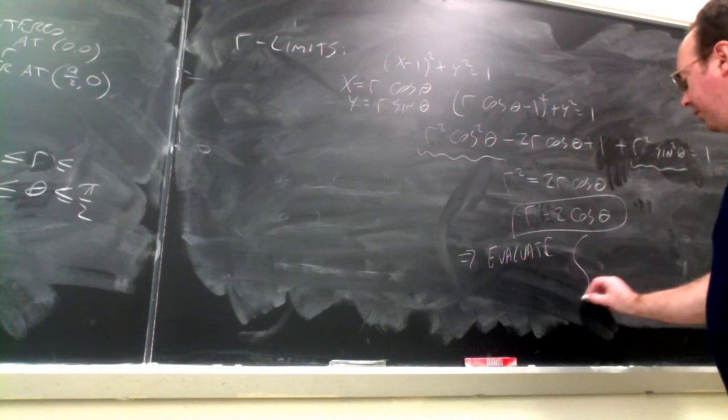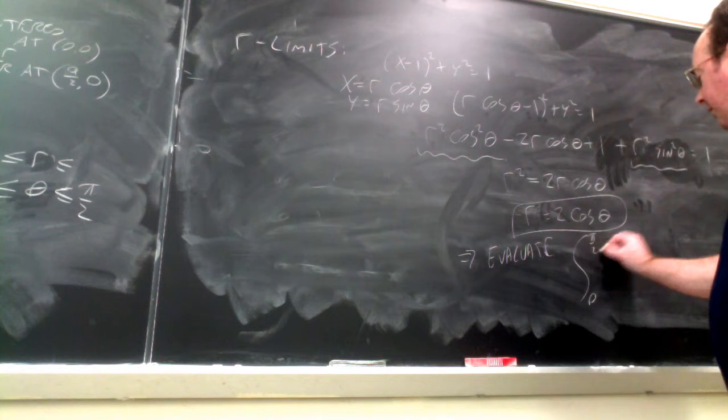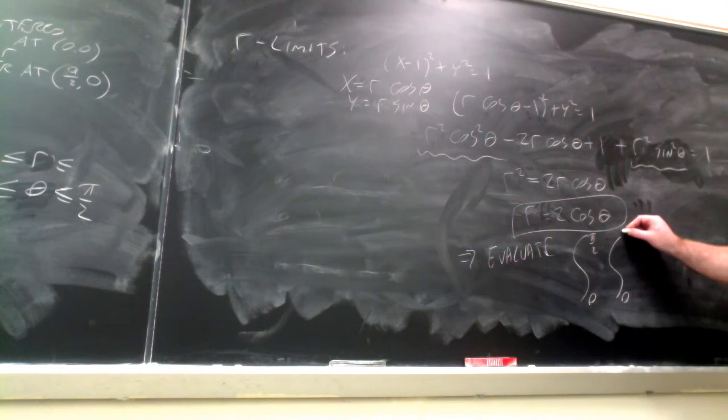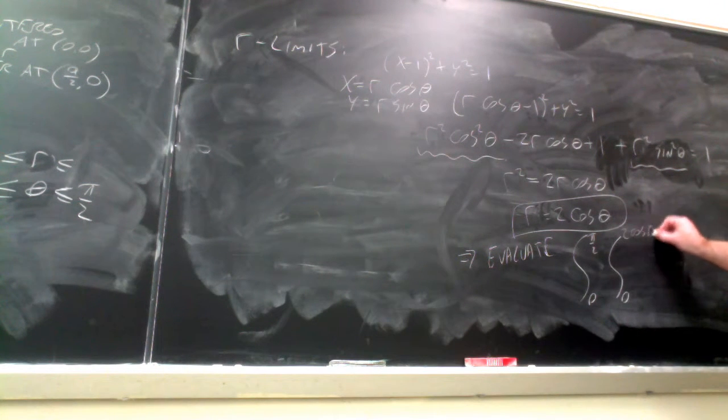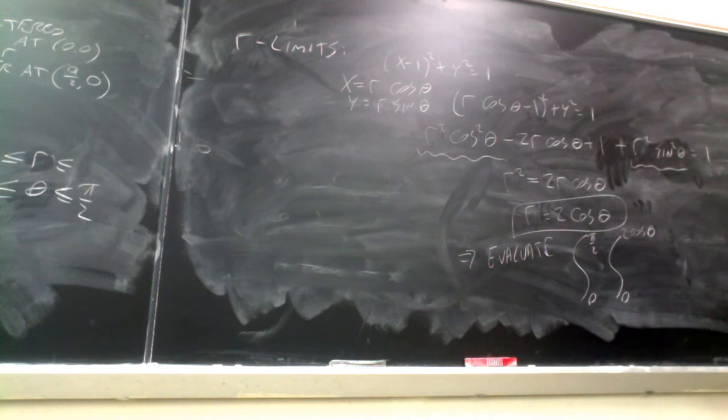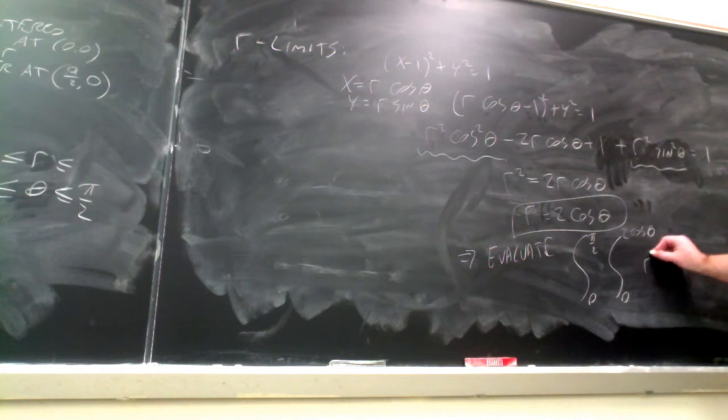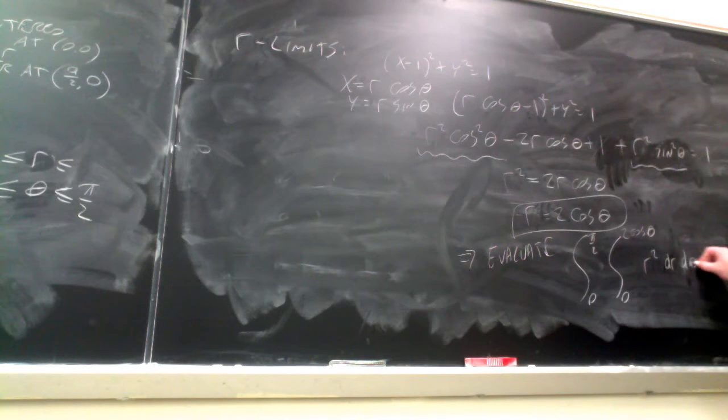So I evaluate from 0 to pi over 2 in theta, 0 to 2 cosine theta, and then the integrand became r, but there's an extra factor of r, so r squared dr d theta.